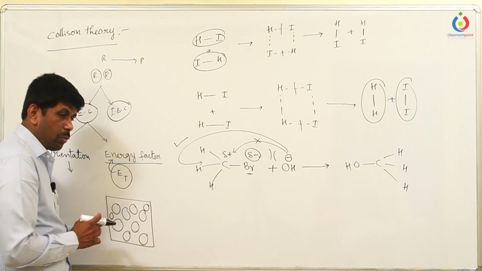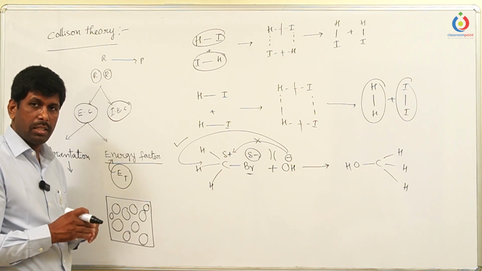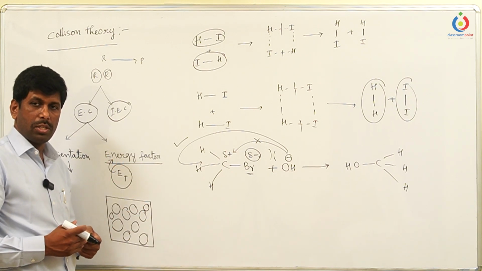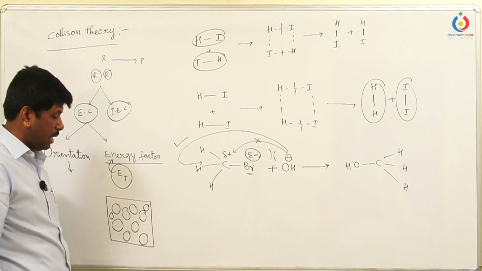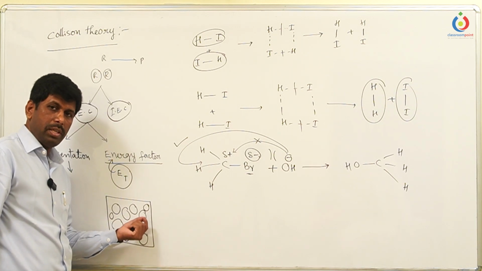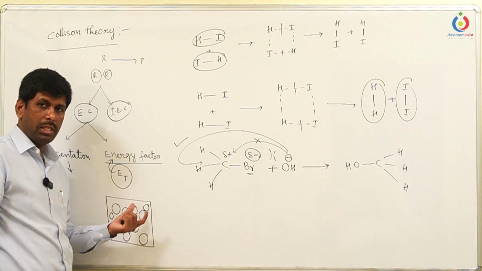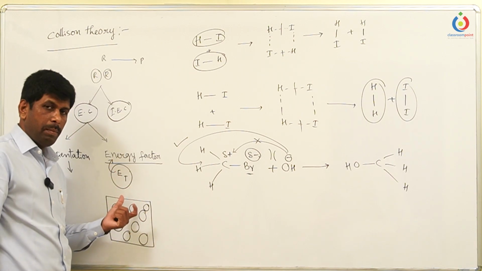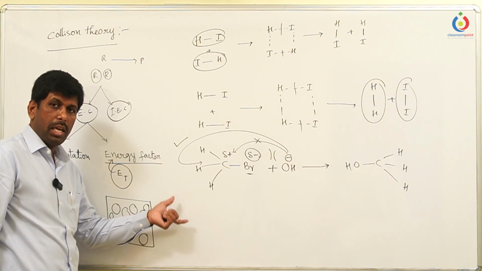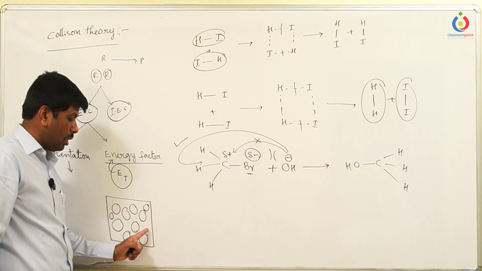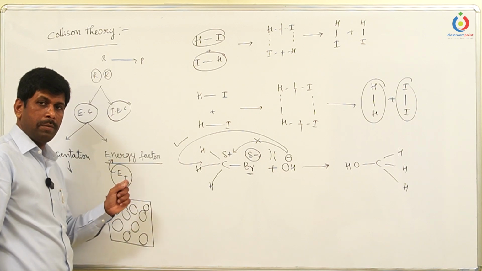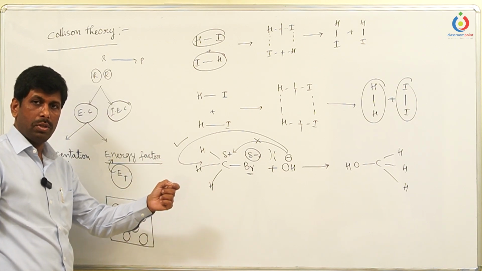If the number of collisions in a given volume is less, so that product formation is also less, then the collision frequency is less. From this, it is clear that when collision frequency increases, the number of collisions increases. But not all collisions give the products. If they have the proper energy and orientation, then when collision frequency increases, the product formation rate also increases.